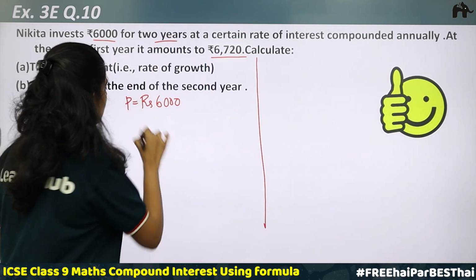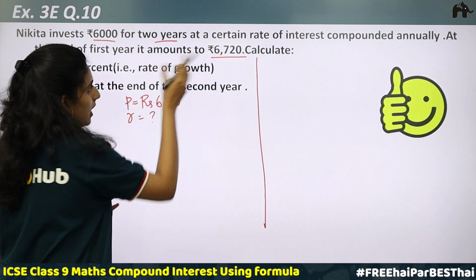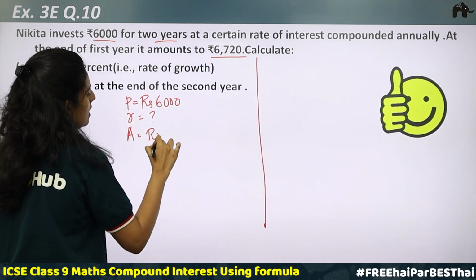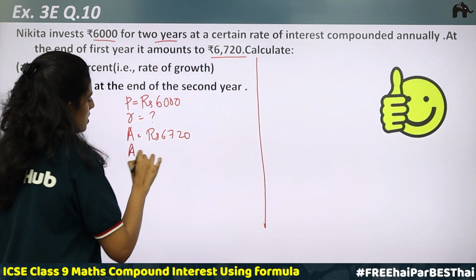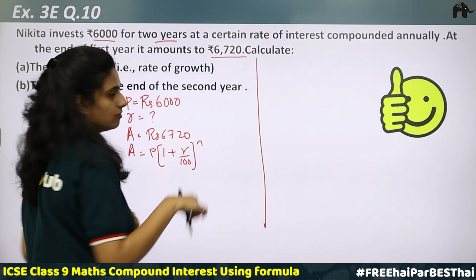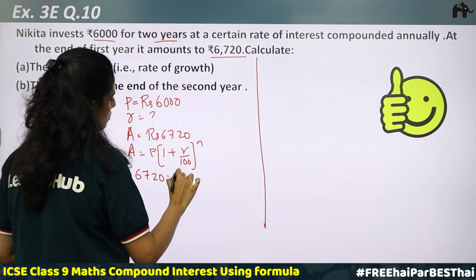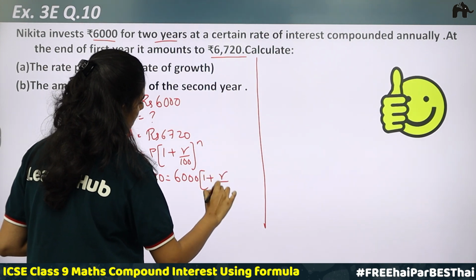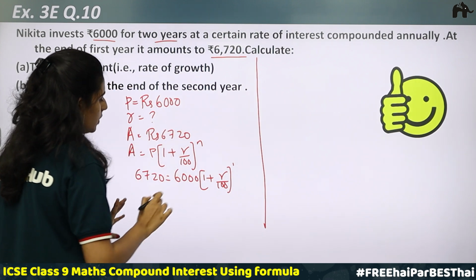Okay. Then rate we need to find. For 1 year, we know the amount. When you take n is equal to 1 year, we know the amount is equal to rupees 6,720. Okay, we have amount is equal to principal into 1 plus r by 100 whole raised to n. That is 6,720 is equal to 6,000 into 1 plus r by 100. N value will be equal to 1. For 1 year it is given. Okay.